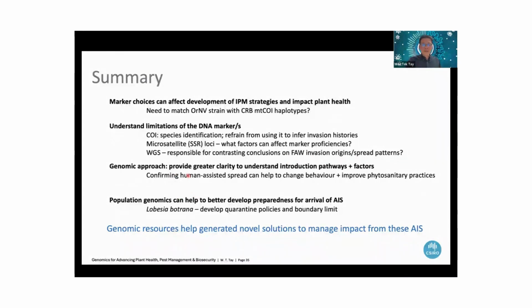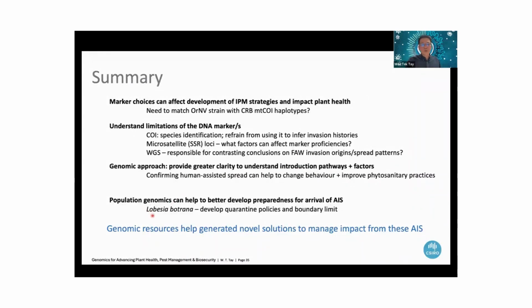We can have a better understanding and clarity of introduction pathways and the factors. And this is seen in Tuta absoluta, where we think that it is human assisted with multiple mitochondrial DNA genomes. And this needs to then lead to a change in behavior and also a change in phytosanitary practices.